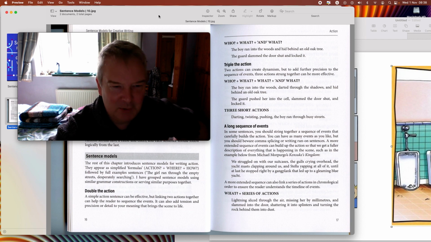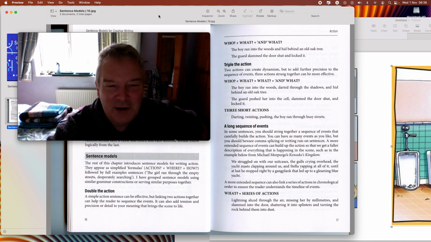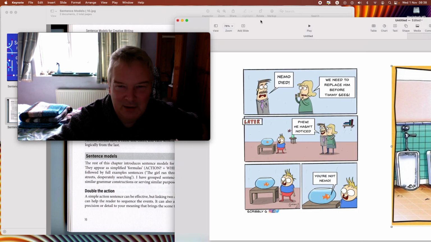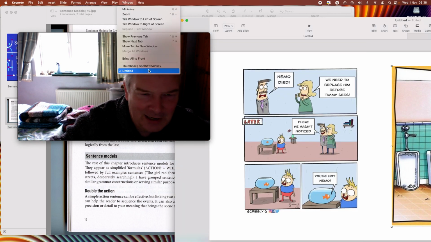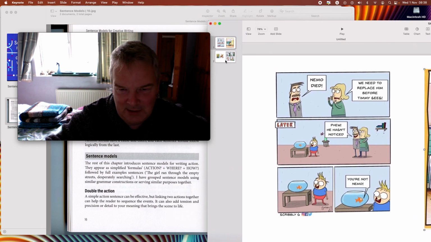Or we could take it from the perspective of the new fish. The new fish looked at the boy and asked, "You're not Nemo." So there's a few things, but also I've got some other cartoons. We're not short of cartoons out there.